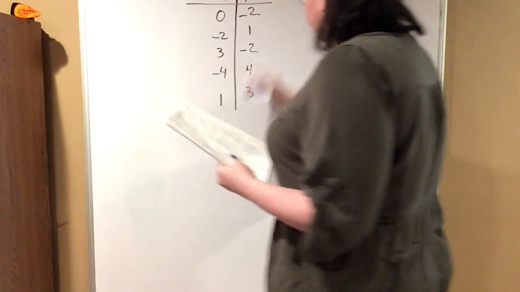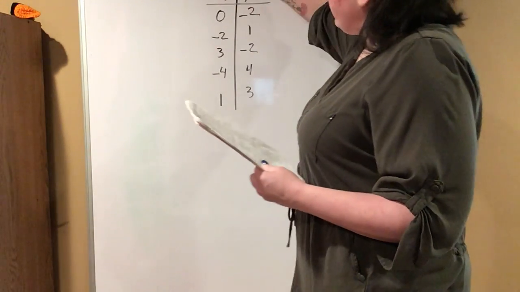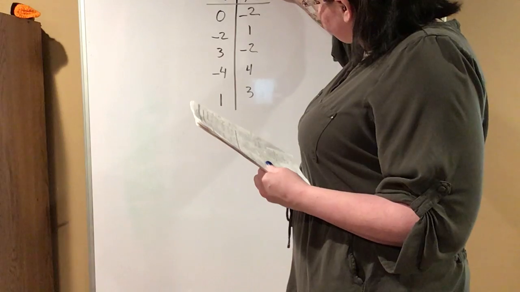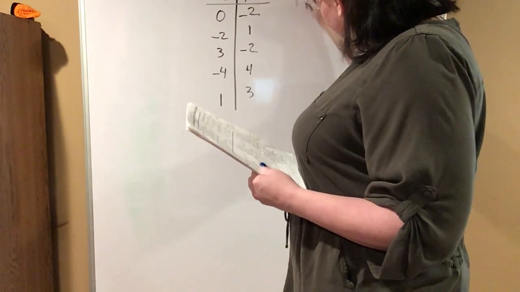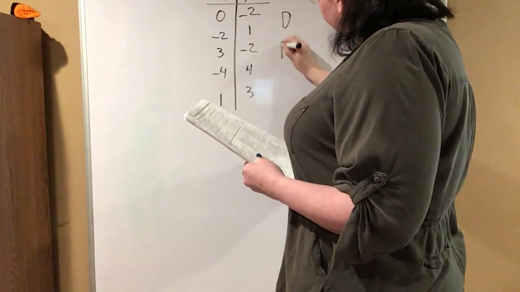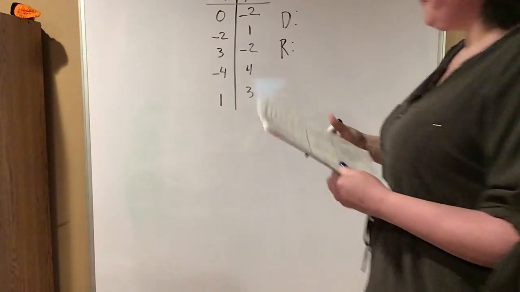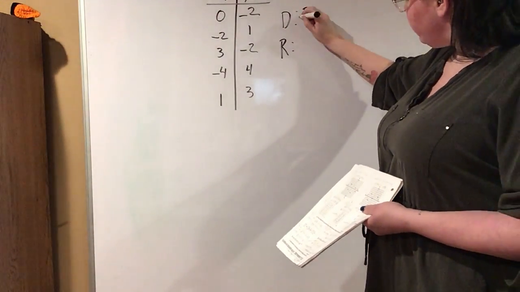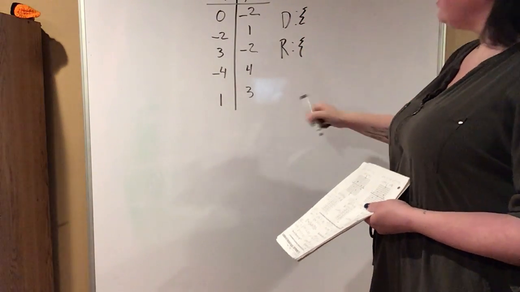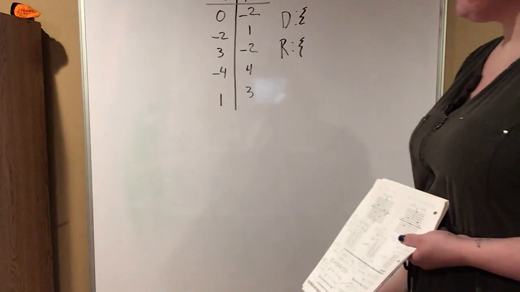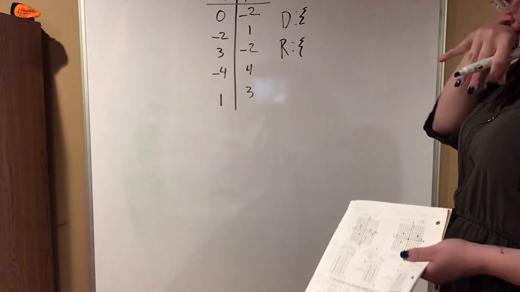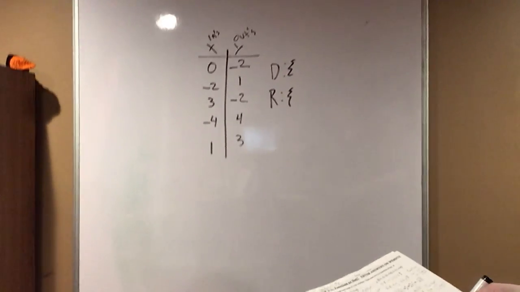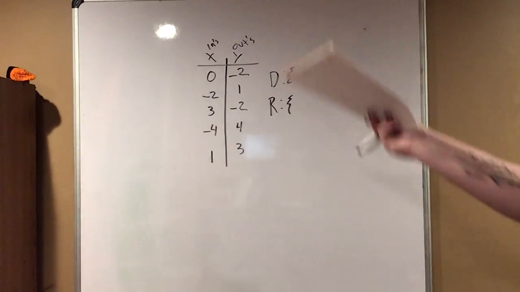So if we're looking at this table, I have my inputs, ins and outs. So I'm going to put a domain and a range. Okay? I think I wrote that too high, but I don't care. It's fine. You can see what I'm doing. It's my ins and my outs. This camera likes to flip. See? Hey, look. In and out.